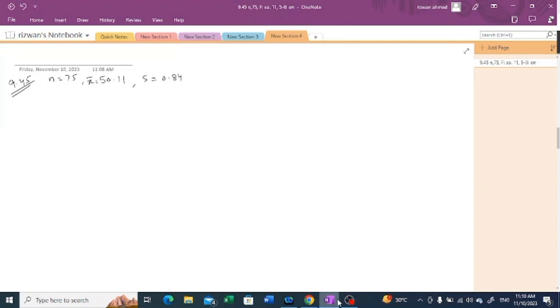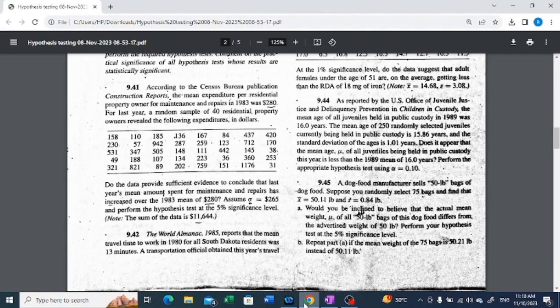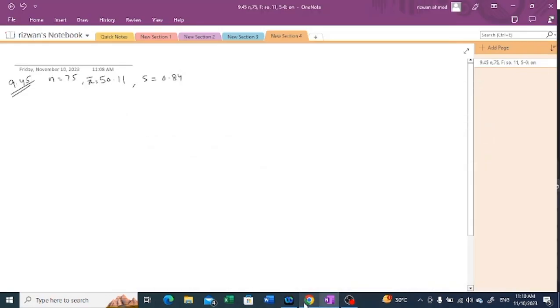And what we are asked: would we be inclined to believe that the actual mean weight mu of all 50-pound bags of this dog food differs from the advertised weight of 50 pounds. Perform your hypothesis test at the 5% significance level. So again, alpha is given as 0.05.